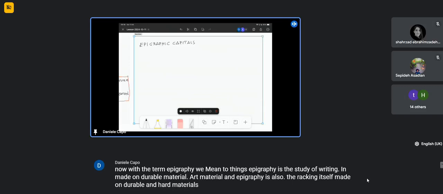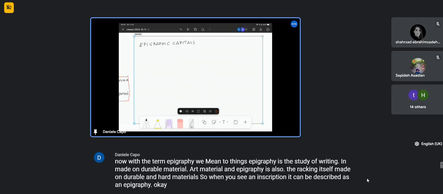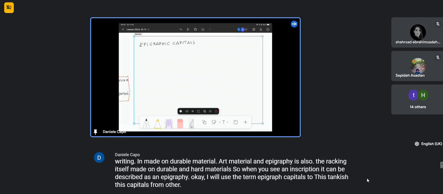So when you see an inscription, it can be described as an epigraphy. I will use the term epigraphic capitals to distinguish these capitals from other kinds of capitals that we will see.